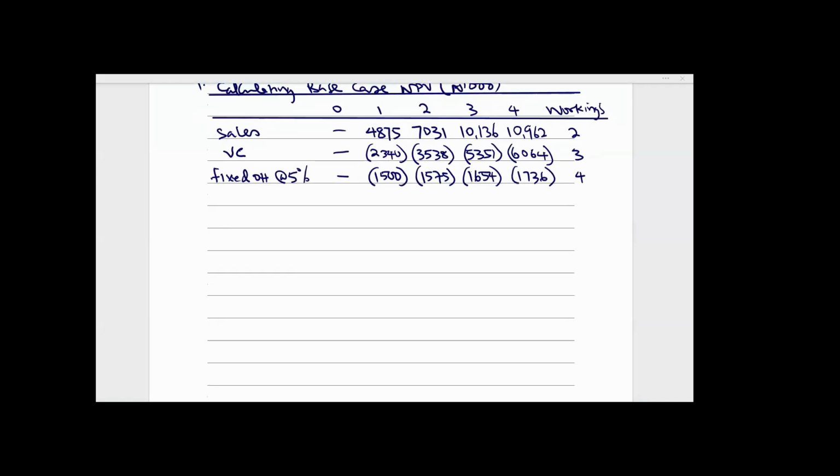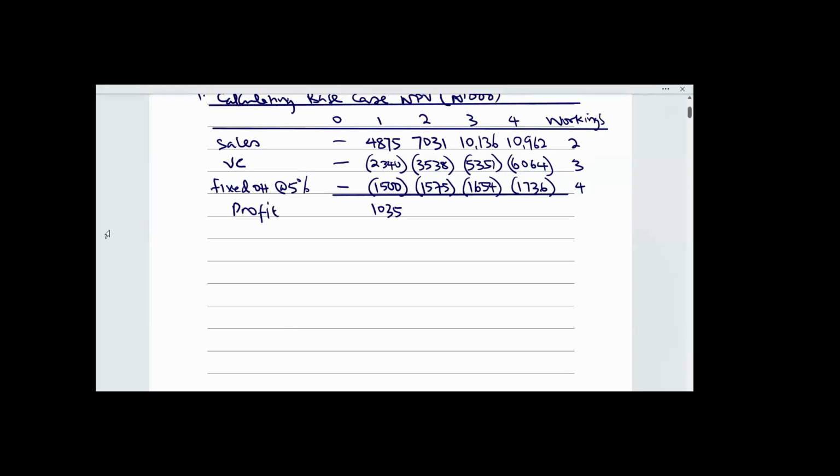At this point, we need to determine the taxable profits. So for year one, I would say 4,875 minus 3,840 equals 1,035. So this is profits. For year two, 1,918.